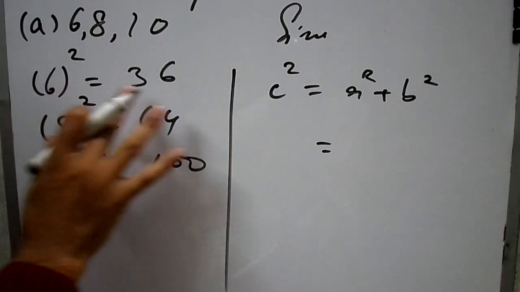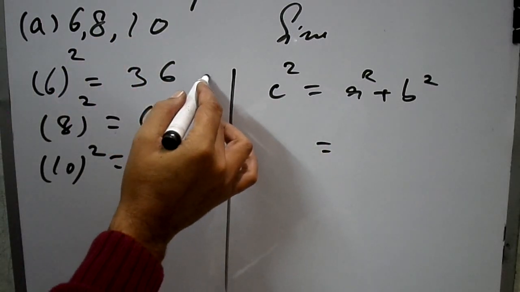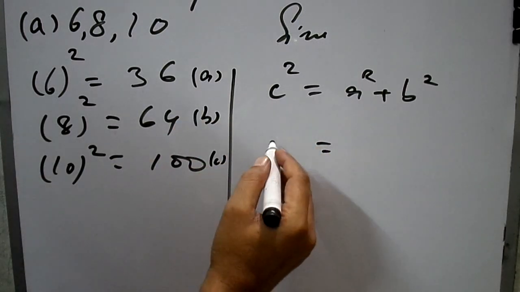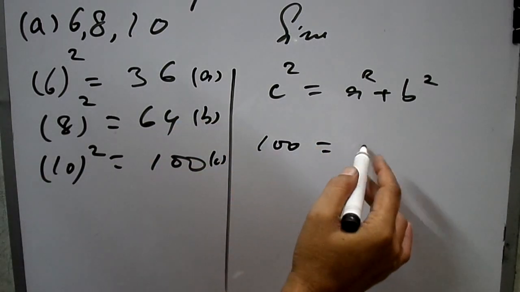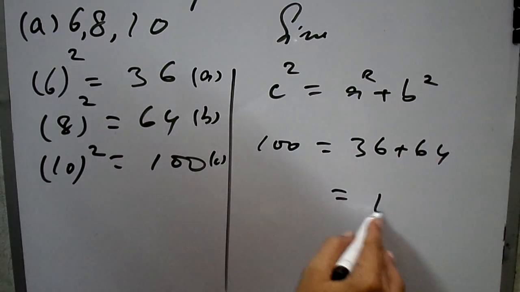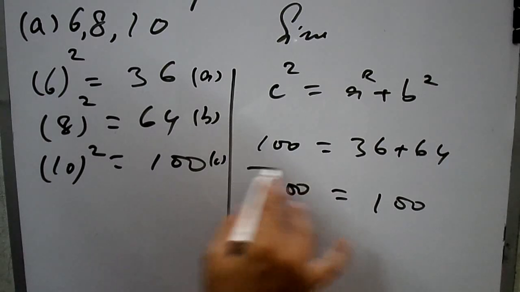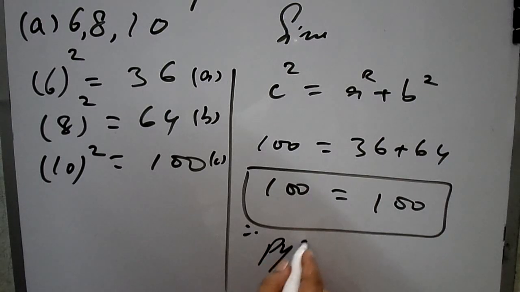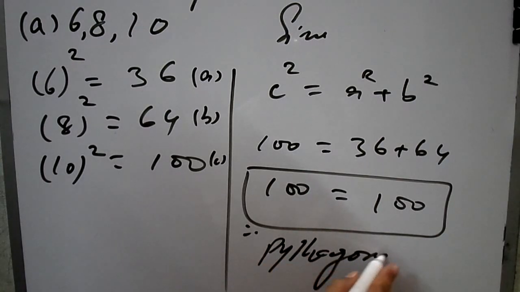So putting the values, c square is 100 and a square plus b square is 36 plus 64. You see that 100 is equal to 100, so it is satisfied. Left hand side is equal to right hand side. We can say that they are Pythagorean triples.